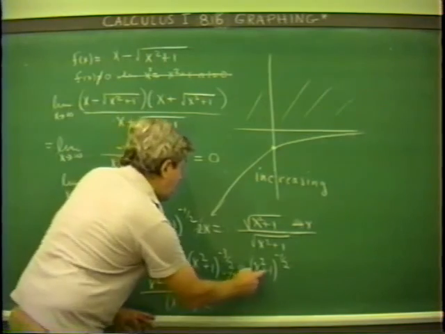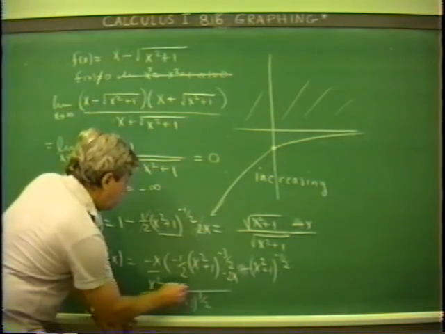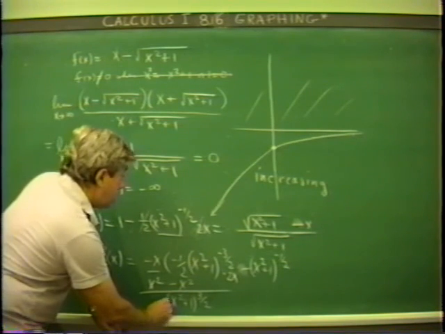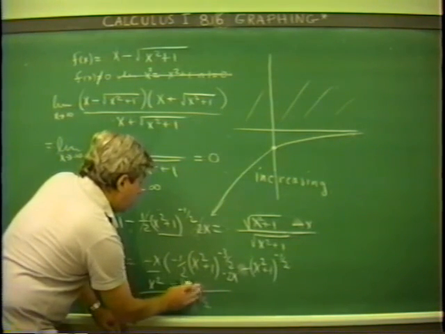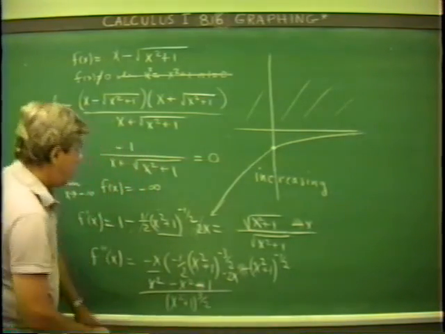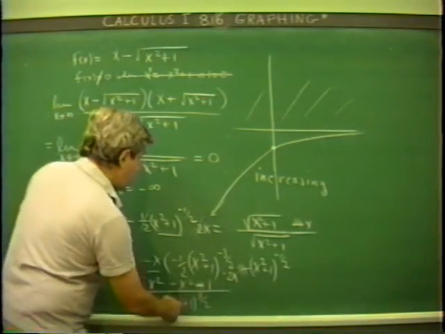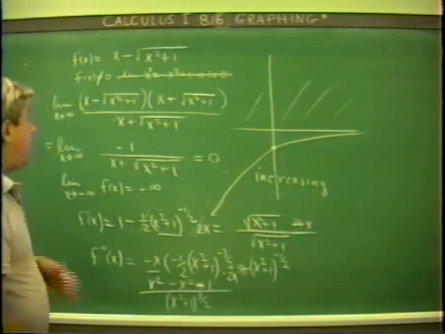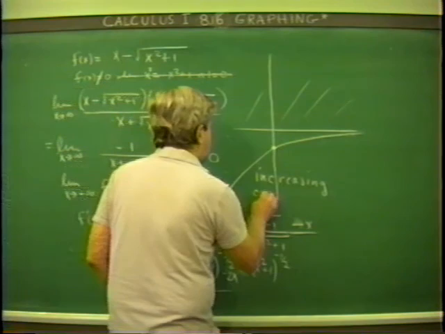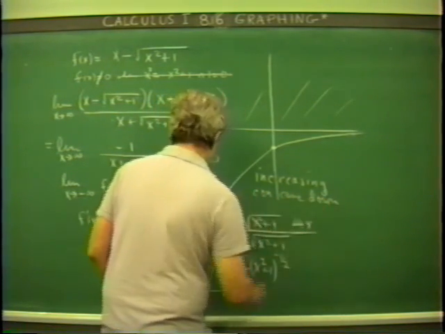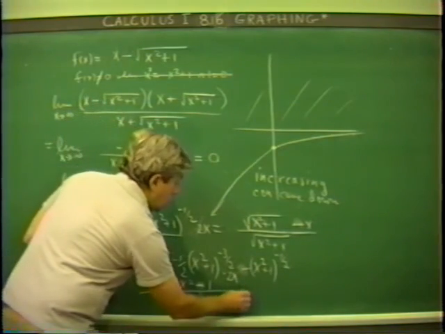If we put this over a common denominator here, what have we got? We've got 2x times minus 1/2 times minus x, which is going to give us x squared. And then we've got minus x squared plus 1, so minus x squared minus 1. So the second derivative is equal to minus 1 over x squared plus 1 to the 3/2 power.